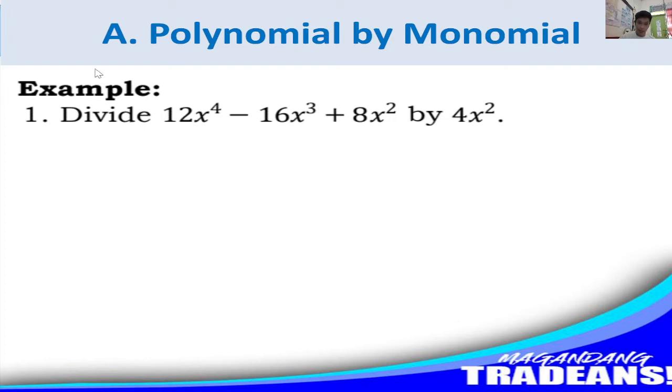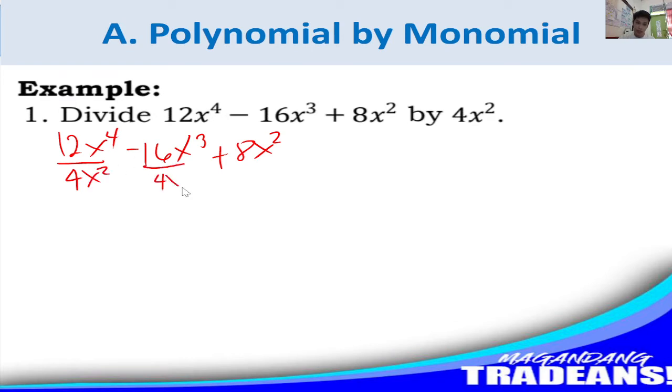In this case, you're going to copy first the polynomial, 12x raised to the power of 4 minus 16x raised to the power of 3 plus 8x raised to the power of 2. And we are going to divide each of them by 4x squared, and 4x squared.